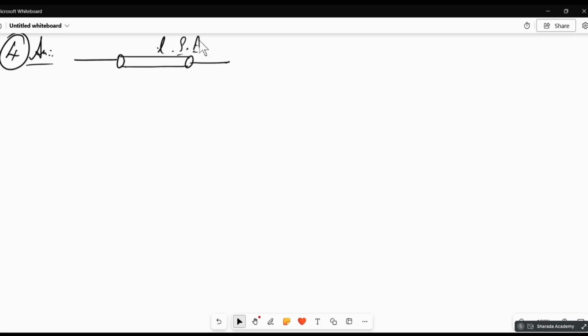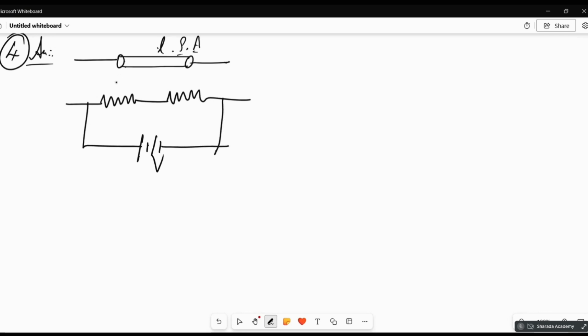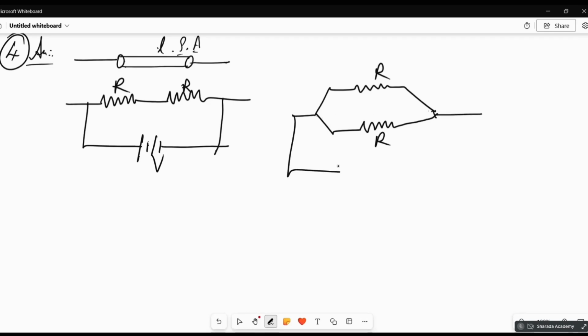Now, first they are connected in series with some potential difference, we'll call this V. So this is R and this is R. This is a series circuit. And now they both are connected in parallel, like this, between the same potential difference V. He is asking the ratio of heat produced in series and parallel.